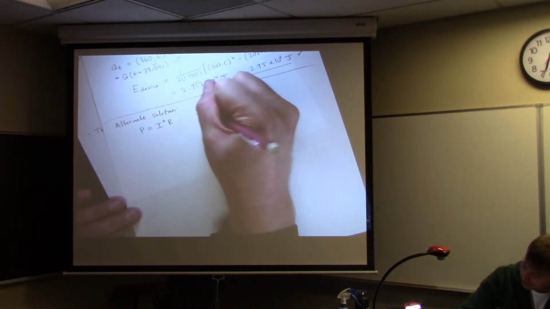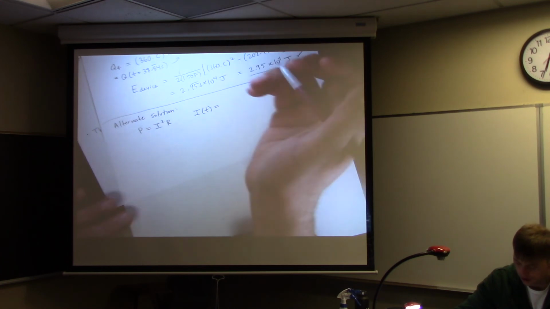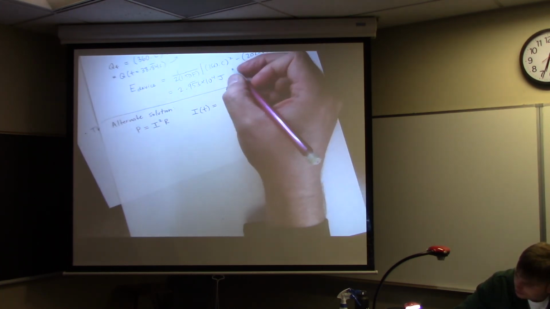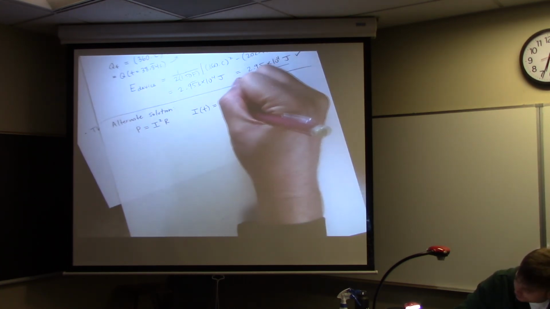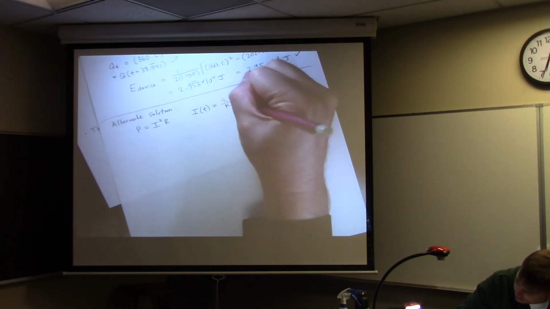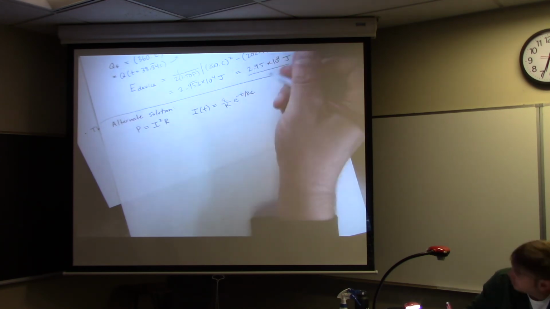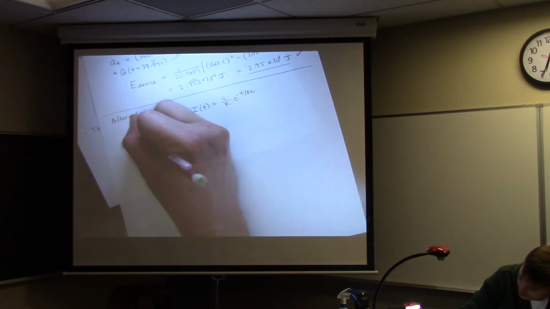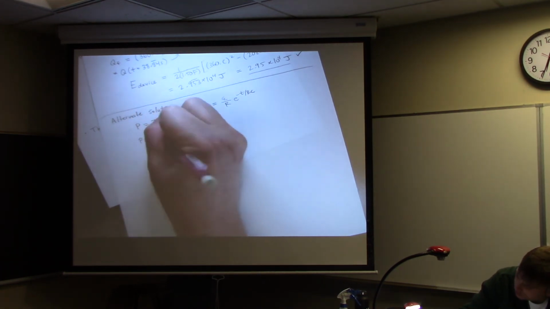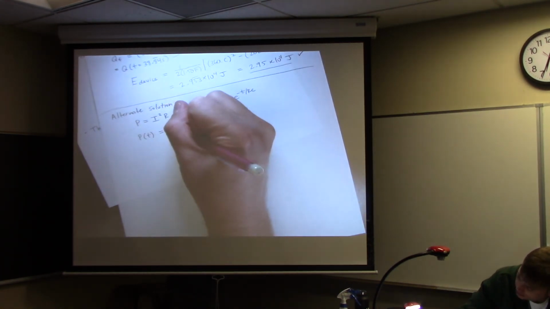The current running through the device, we just said a second ago, is equal to epsilon divided by R, e to the minus t over RC. So what I can do with that is find power as a function of time by plugging in this for the current.